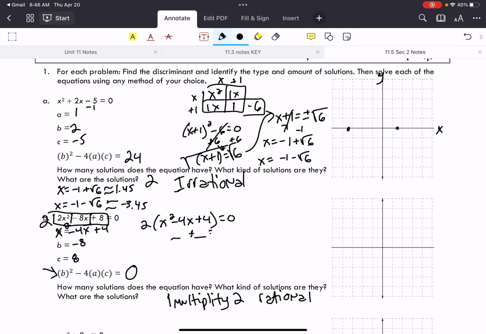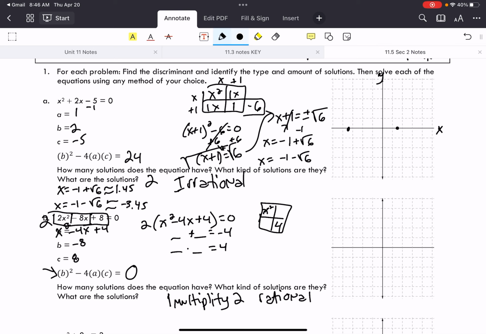So I need two numbers that add to negative 4 but multiply to positive 4. And wait, remember, Natalie just told us it's not going to be 2 numbers. It's going to be 1 number twice, right?